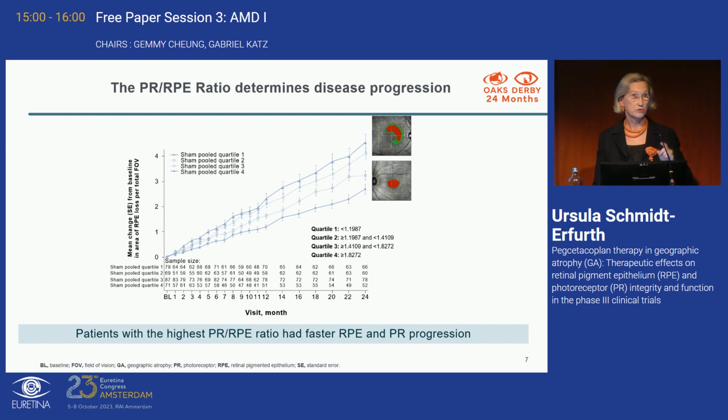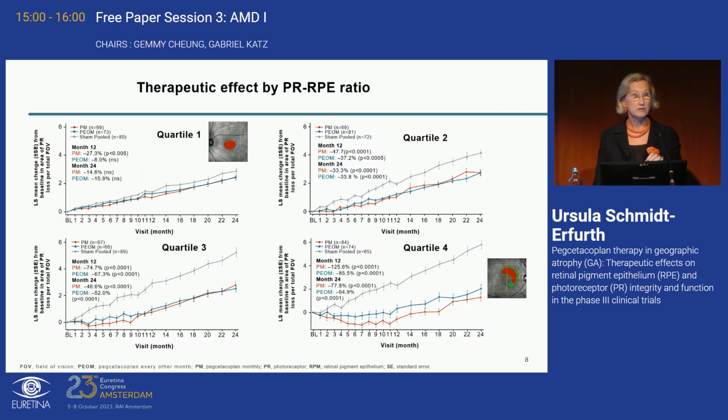This is not only true for disease activity and allows you to identify the patients that would benefit from treatment. It is also true to identify patients that would benefit most from treatment, here seeing the therapeutic effect dependent on the photoreceptor RPE ratio. Again, the same quartiles, and you can tell that quartile 1 hardly responds to therapy. Quartile 2, there is a beginning seen, but quartile 3 and 4 benefit very significantly from treatment.